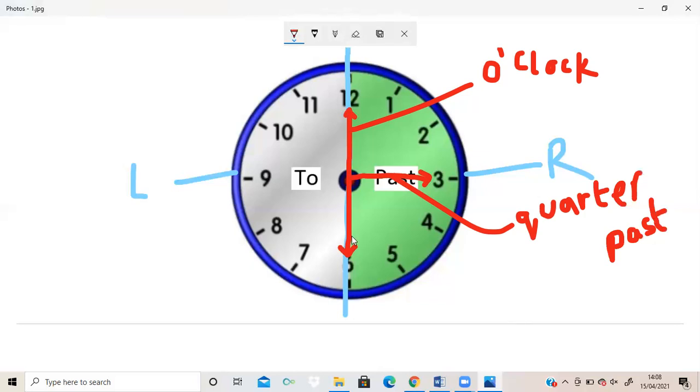And when the minute hand is pointing at 6, it is half past. These three topics we already discussed in my previous videos.